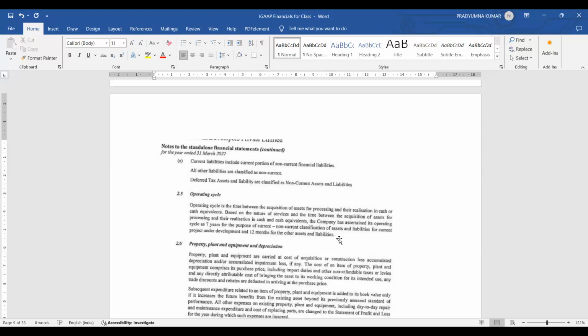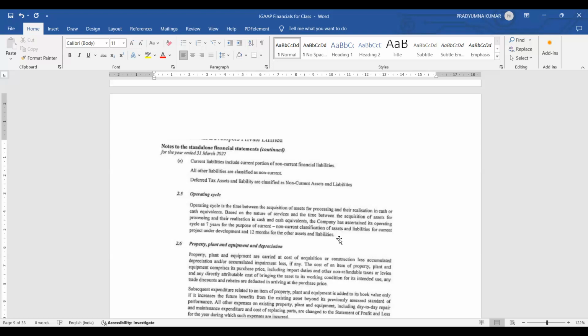That means the 12 months, when we discussed earlier, I was telling you that if it is within 12 months, then you have to show it in current assets. If it is more than 12 months, you show it in non-current assets, but that will not apply for this company because their operating cycle is 7 years.